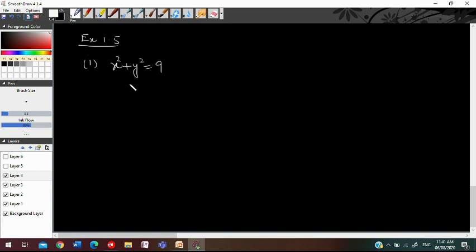And this is the same equation as we have done in our example. And what happens? y is equal to plus minus under root 9 minus x square. First you have to find the domain and range of your function.